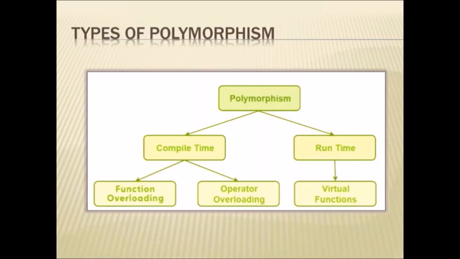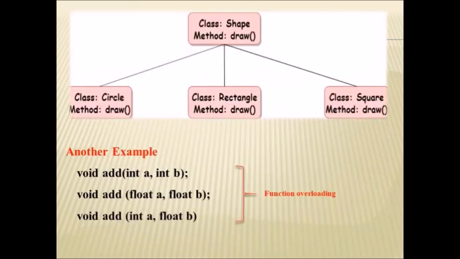So what is function overloading? A simple example. Here, if you consider the example, the add function is used. In the first one, the add is used to add 2 integers. Similarly, the same add function is used to add two floating point numbers. In the third case, the add is used to add one parameter that is integer and one parameter that is float.